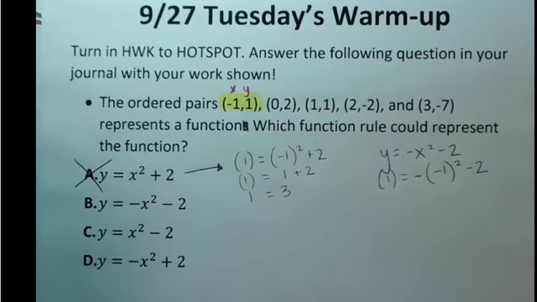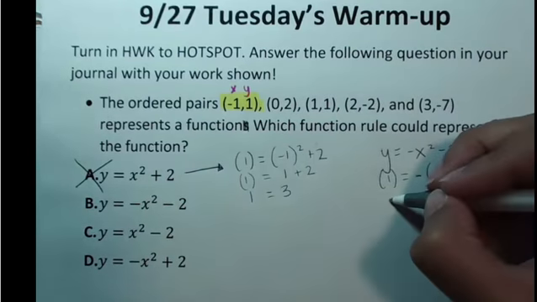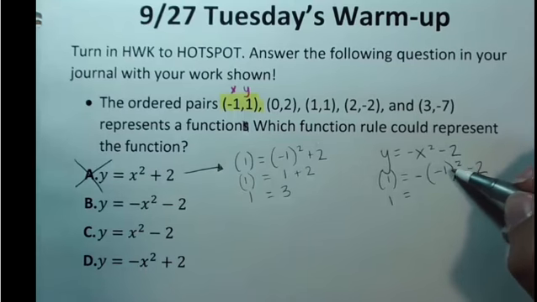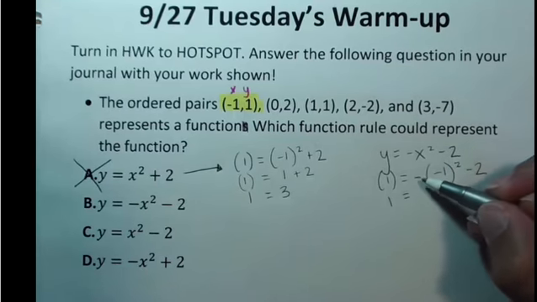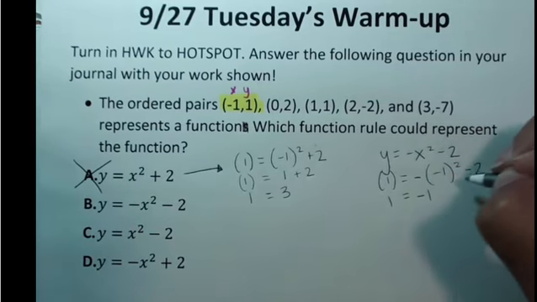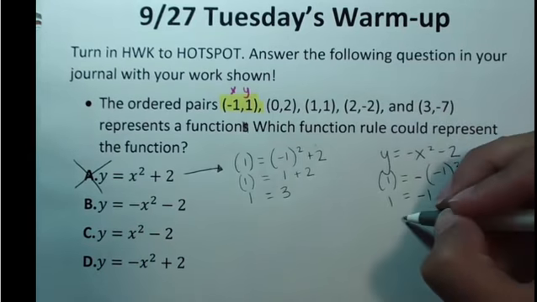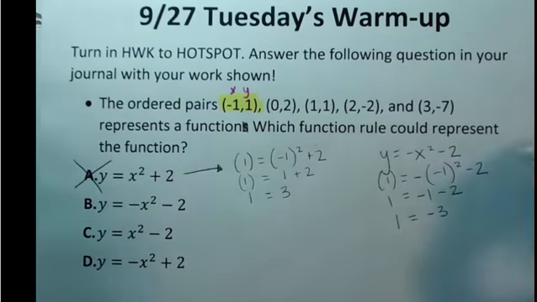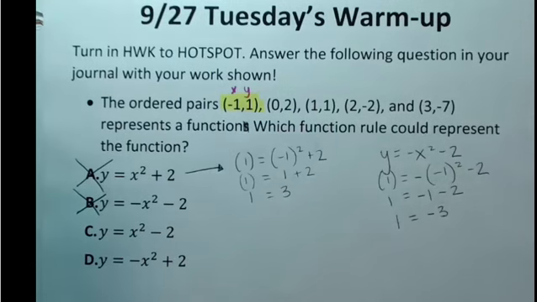And then minus 2. -1 times -1 is +1, but this negative keeps it negative. I bring down that -2, so I end up getting 1 is equal to -3. Is that true? No. So A and B are already out just from plugging in that first point.